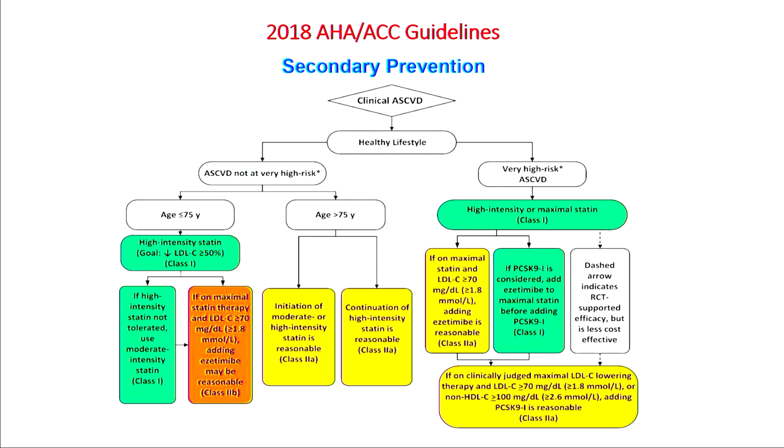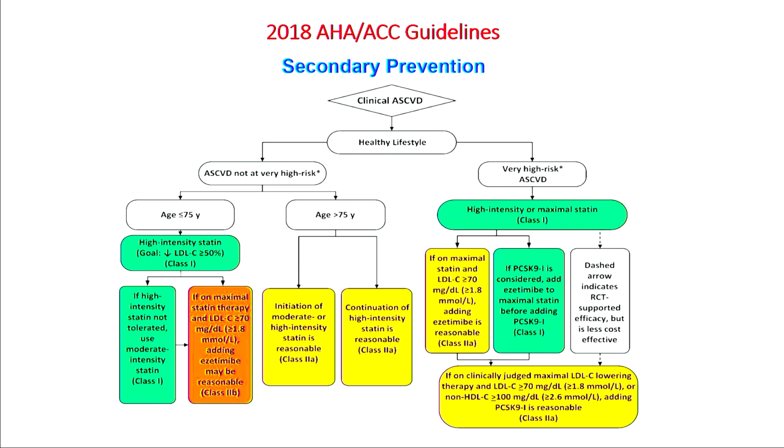It all starts with a healthy lifestyle, just like you all are doing right now, exercising and eating healthy dinner here. It starts with that healthy lifestyle. And then if you're very high risk, you go to high intensity maximal statin therapy. That's a class 1 recommendation, again, based on all the beautiful evidence from the Cholesterol Treatment Trialists group.